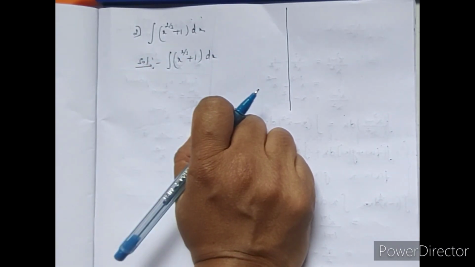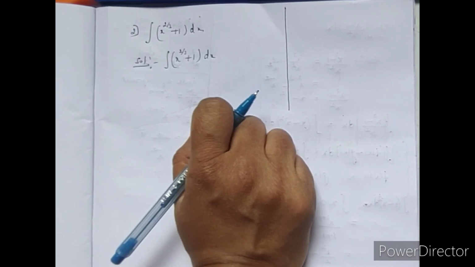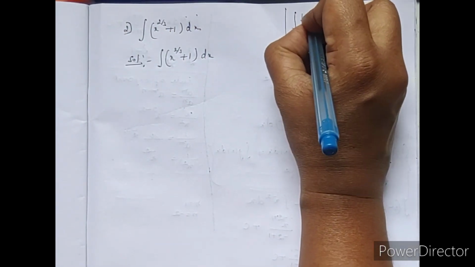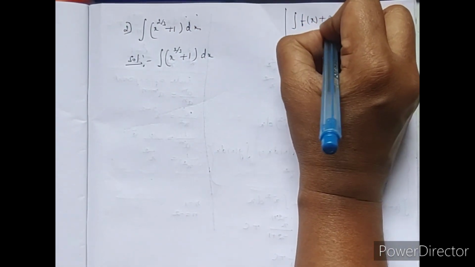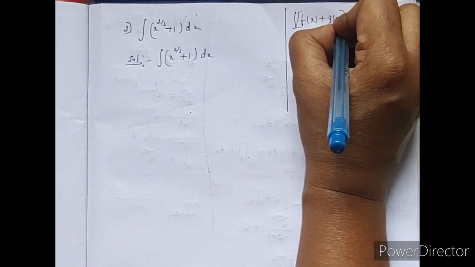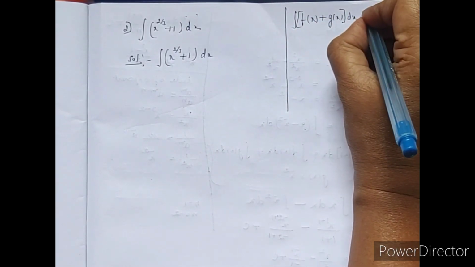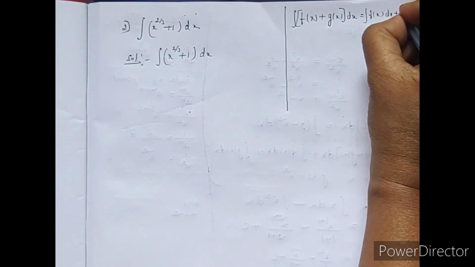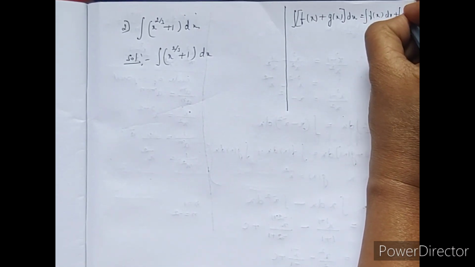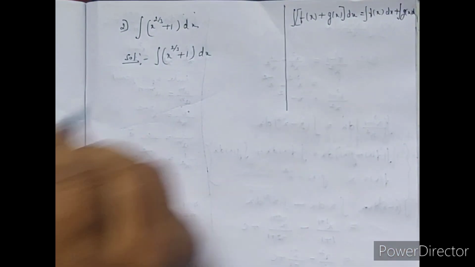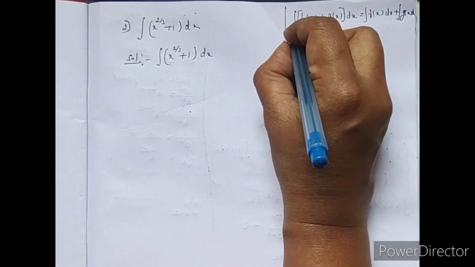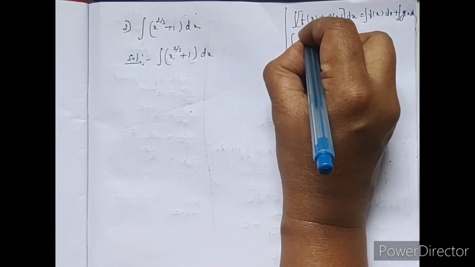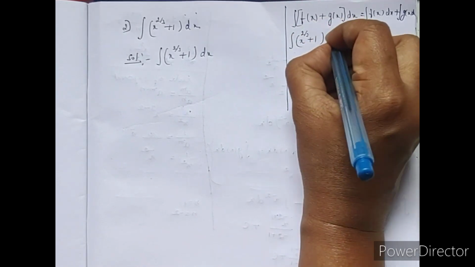The thing is we need to apply the rule of integration, that is integration of f of x plus g of x dx is equal to integration of f of x dx plus integration of g of x dx. So we have to apply this rule.